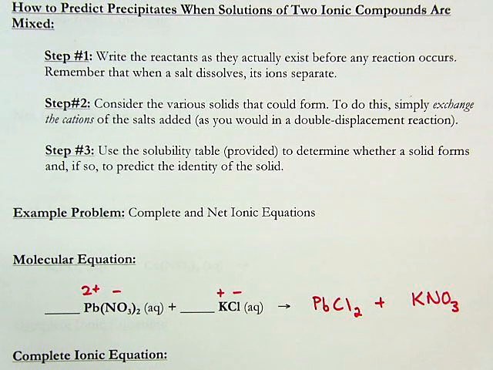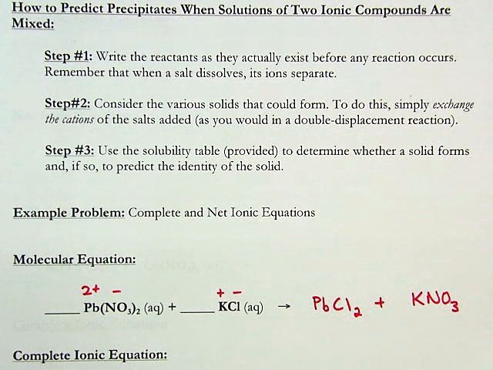Now, this is not done yet because we have to do a couple of things. We need to figure out if a reaction has occurred, if a solid has formed. Is this a solid? Is this a solid? Let's do KNO3 first. Potassium nitrate, KNO3.